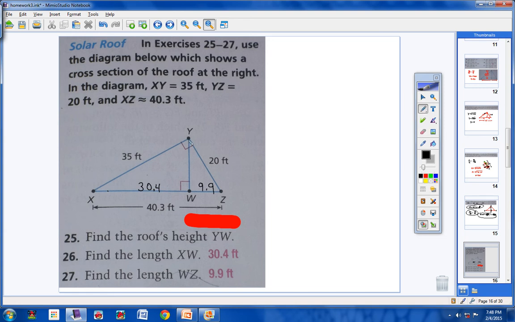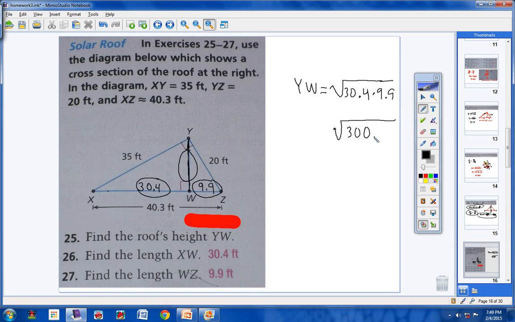YW, right? Well, remember, this length here is the geometric mean of this segment and this segment. So if I want to find YW, it's the geometric mean of 30.4 times 9.9. If I multiply 30.4 times 9.9, I'm going to get 300.96.